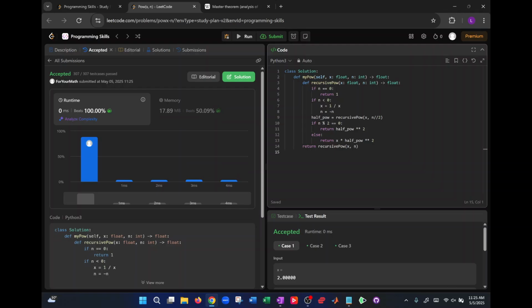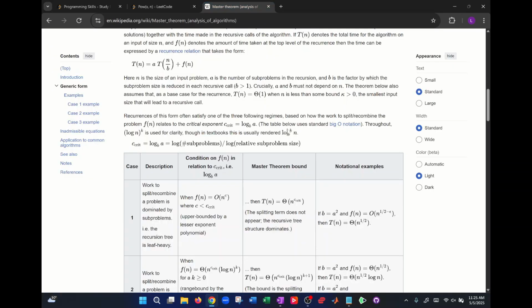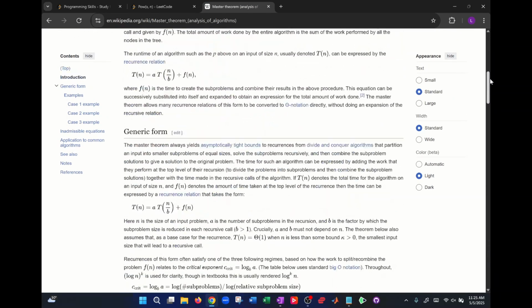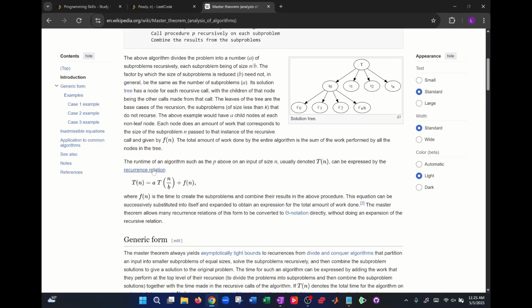And so now what I actually want to do is explain why this worked. Going into algorithm theory, this is an application of the master theorem. Basically, suppose we have an algorithm and we have a function T of n, where n is the size of a particular input, and T of n gives you the runtime of the algorithm depending on that input size.